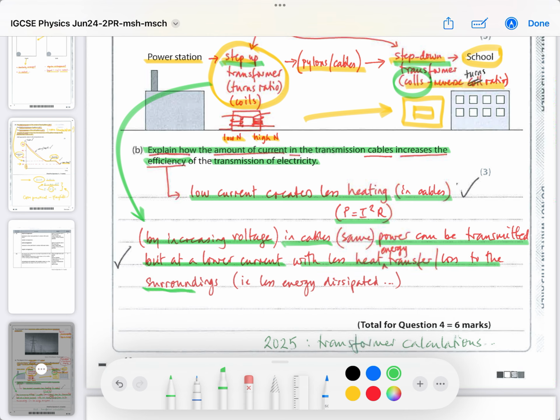Now, they want you to have the keyword energy in there. They don't want you to concentrate on heat alone. So you need to have the keywords energy transfer to the surroundings will be minimized. Okay, another keyword that you could use, less energy dissipated. What does dissipated mean? Given out and spread out.